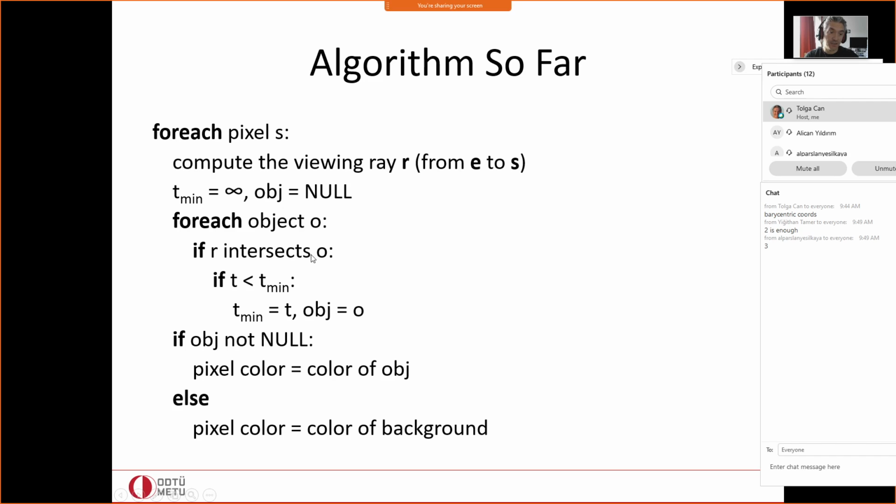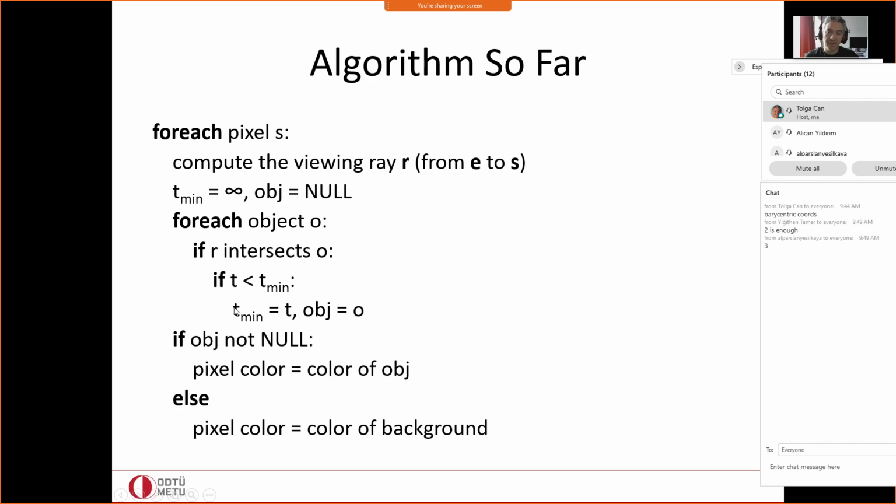If that intersection happens, and also if the intersection's t parameter is less than the intersection that is discovered up to now. For example, if we have an intersection in which t is larger than 1, but if there's another intersection in front of the intersection that we just found, the one that is actually in front dominates. So we only update t min if the intersection is smaller than the discovered intersection up to now.